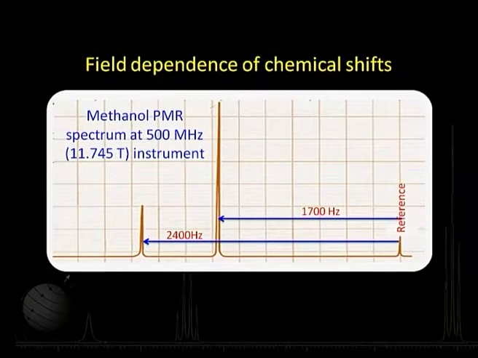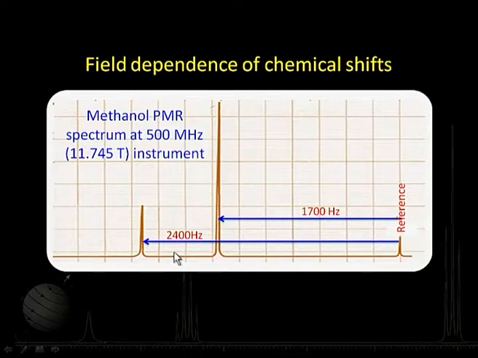Now, take the same molecule and make the measurement at a higher field, say a spectrometer working at 500 megahertz or at a field of about 11.745 Tesla. I find that the signal which was coming at a low frequency is now shifted about 1700 hertz from the reference, and the other is coming at 2400 hertz.